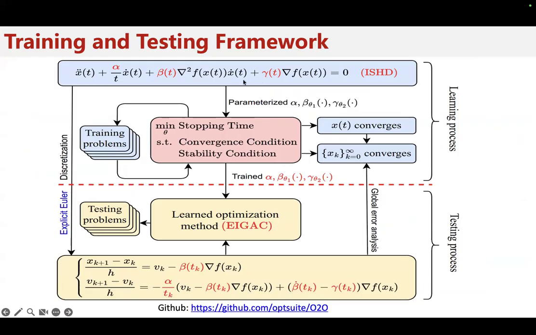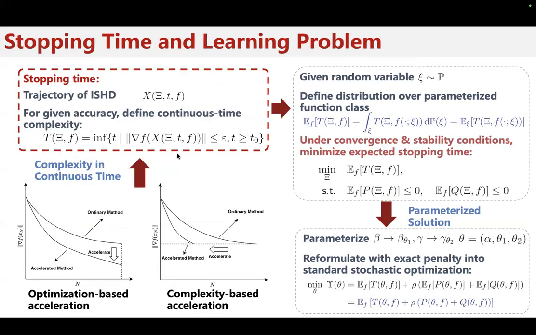Is the iteration differentiable with respect to beta and gamma? This is a very interesting question. In this work, we actually give the conservative gradient, the subgradient, of the stopping time. In another work, which was published at NIPS last year, we analyzed the discrete algorithm.